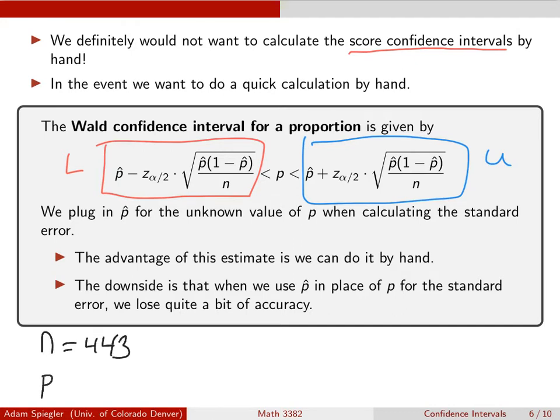We had a sample proportion p hat, which is 0.55. And for a 95% confidence interval, our z alpha over 2 is 1.96. If we plug these three values in, every time I see a p hat, I'm going to plug in 0.55. Every time I see n, I replace that with 443. And when I see z alpha over 2, I plug in 1.96.